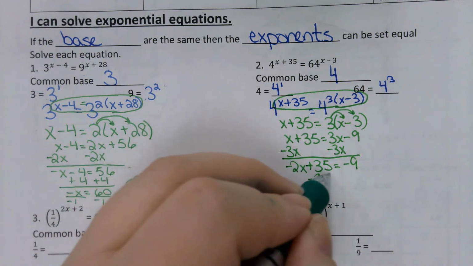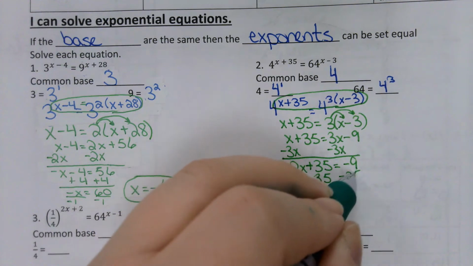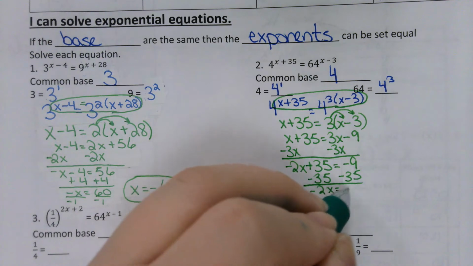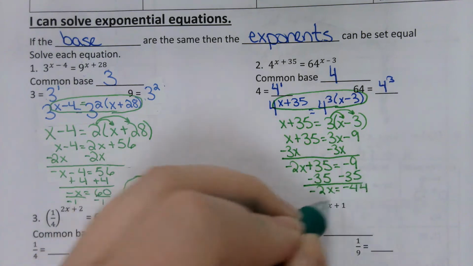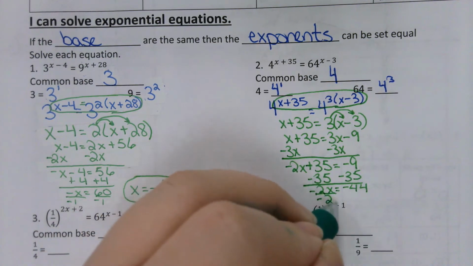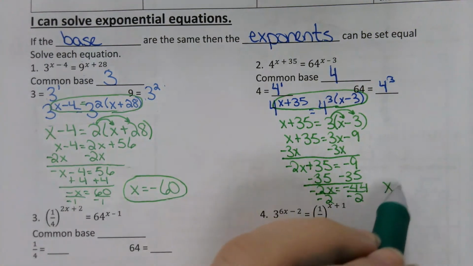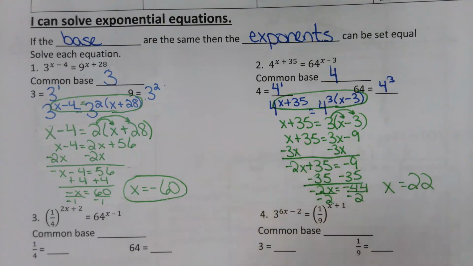Subtract 35 from both sides, giving us negative 2x is equal to negative 44. And then finally, we'll divide by negative 2 on both sides. X is equal to positive 22.